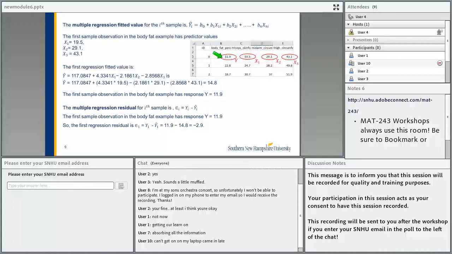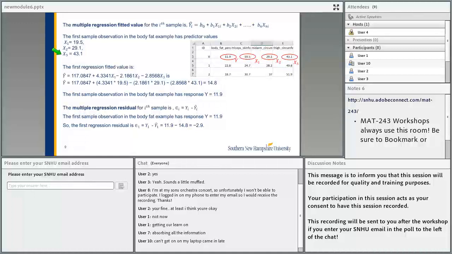And that's what we're going to do. We have the equation. We're going to plug in the values for x1, x2, x3, because those are the predictor values. They don't change. We plug them into the equation that we got and get the expected value for y. Then we'll subtract it from the observed value, and then we'll get the residual.